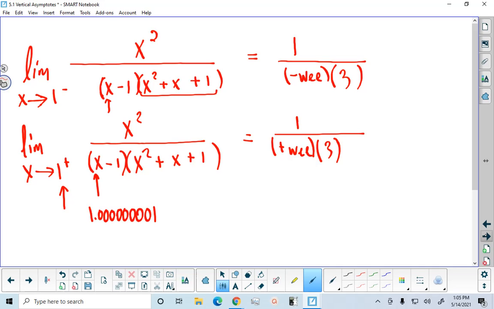That wee number, that tiny number, is infinitely small. And when you have a non-zero number like 1 over an infinitely small number like 3 times this negative number, you're going to get infinity. And it's going to be negative because we're dividing by a negative.